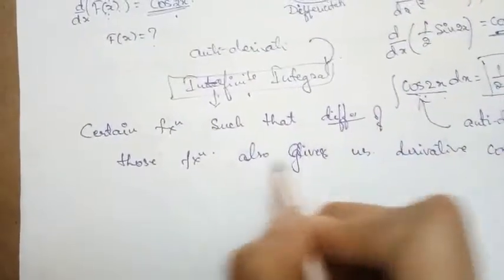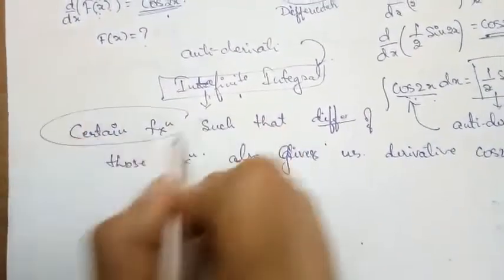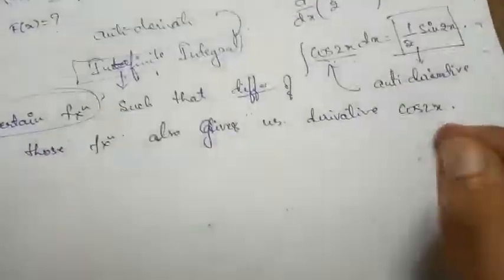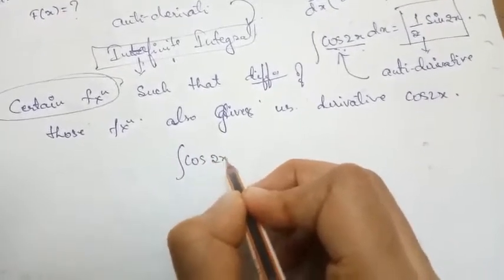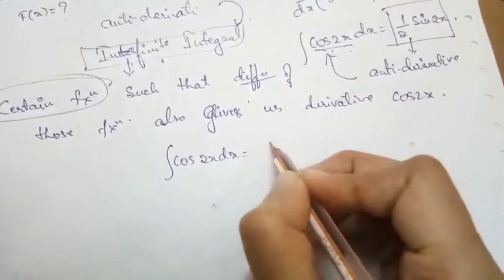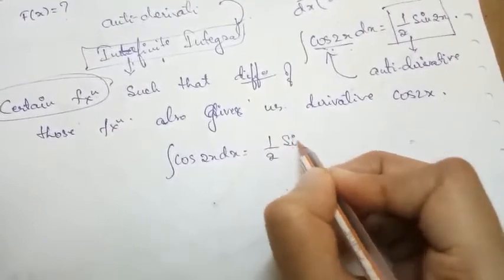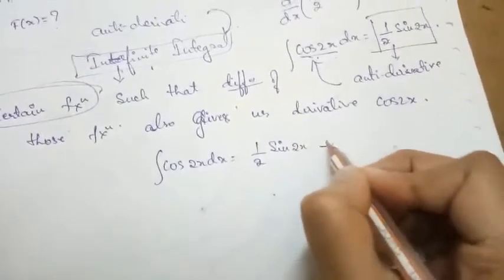To account for those functions, we add a constant, so the integration of cos 2x dx is 1 by 2 sine 2x plus c.